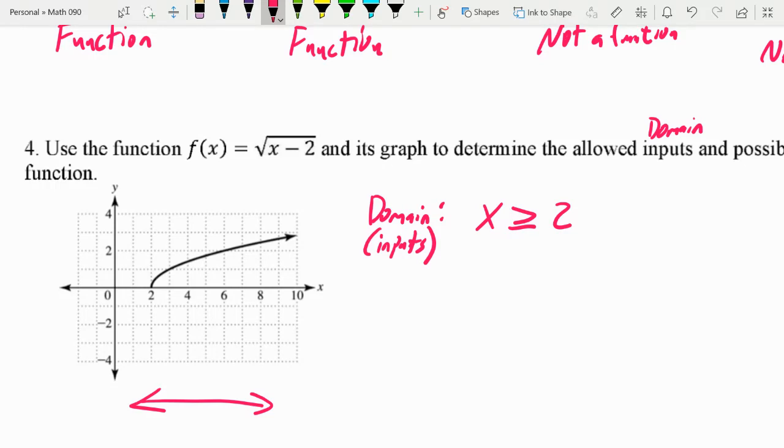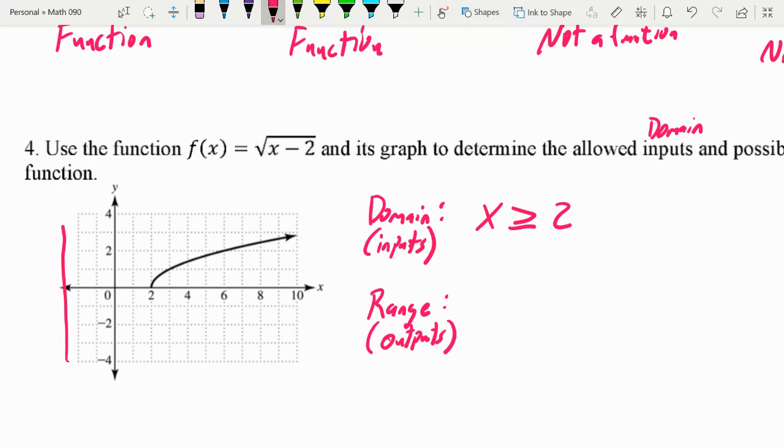Now my range. Remember, the range is the possible outputs, and it goes up and down. You'll look, there's nothing down here. There's absolutely nothing underneath. This is my starting point, and that's 0.